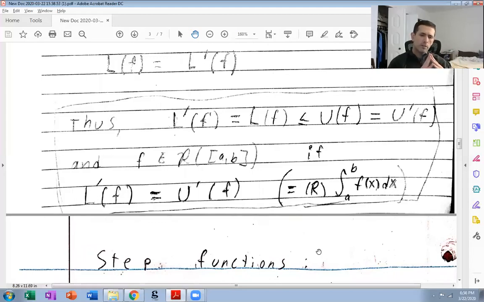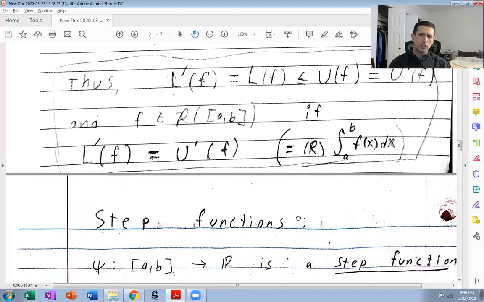So yeah, we've already dealt with simple functions, and we've explained clearly how useful they are in measure theory and the theory of Lebesgue measure. So step functions are kind of like the less mature version of simple functions for Riemann integrals.